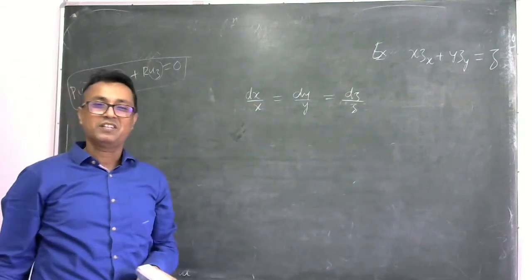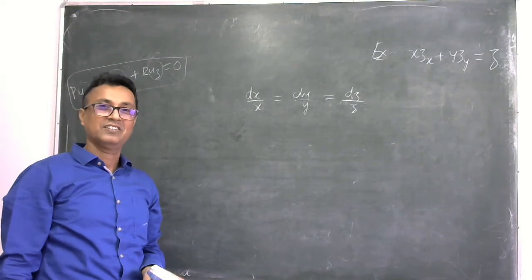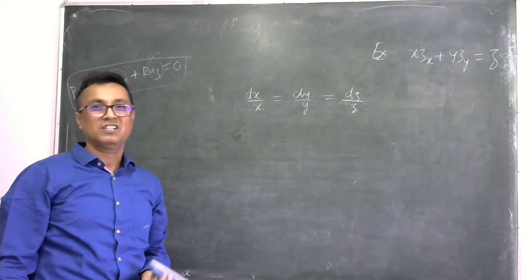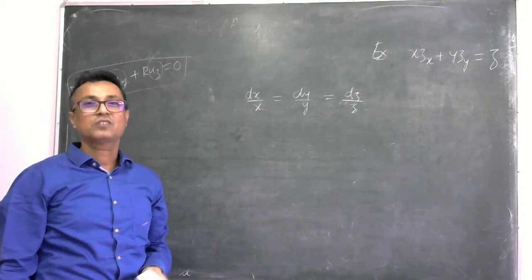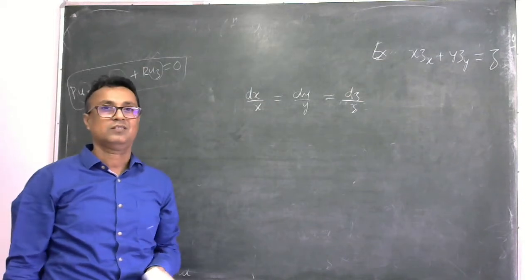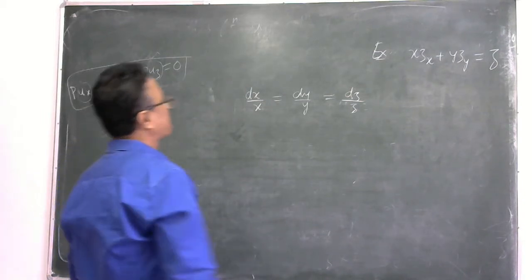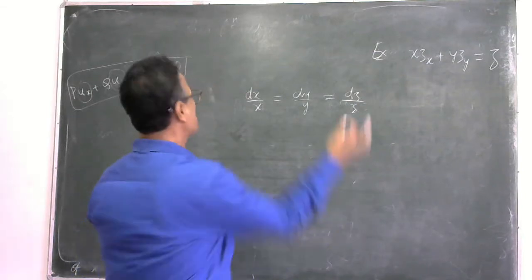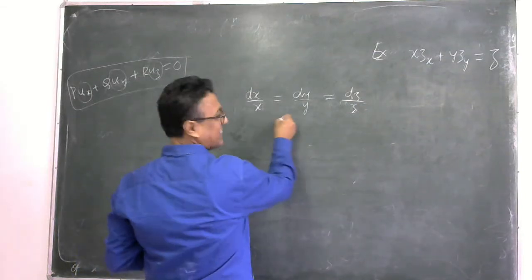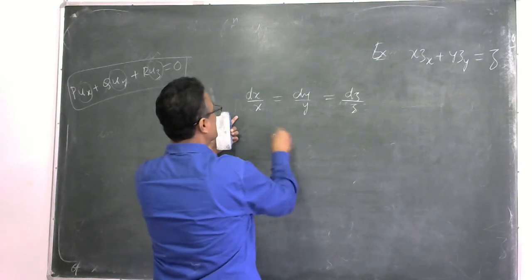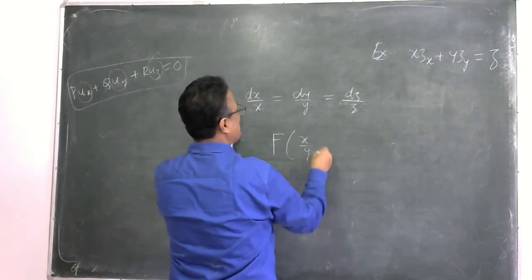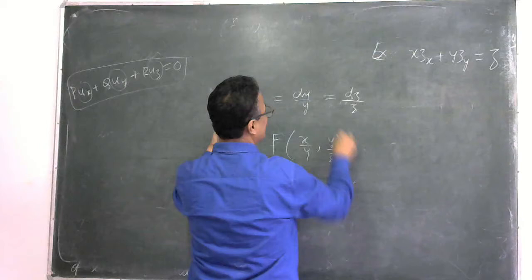Is it okay with everybody? That task is not difficult. In fact, it is one of the easiest tasks, I guess. So it is easy to see that I can get x by y, maybe y by z, equal to 0.